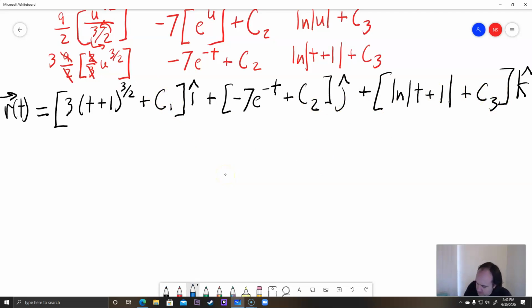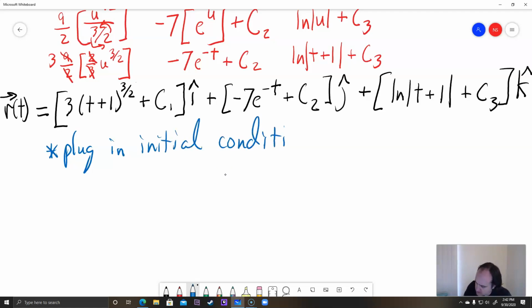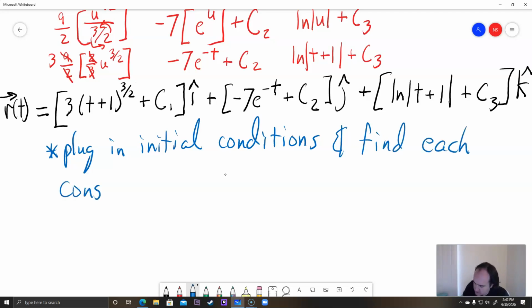Okay, so what we're going to do now is plug in your initial conditions and find each constant of integration.